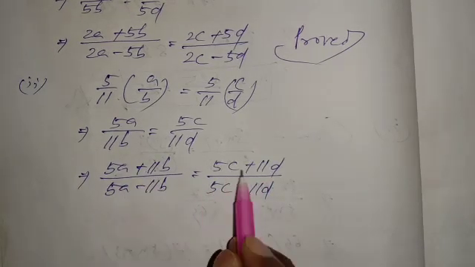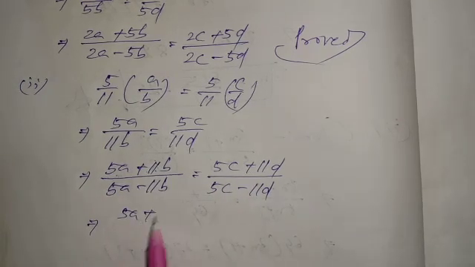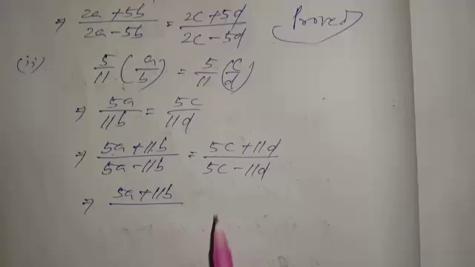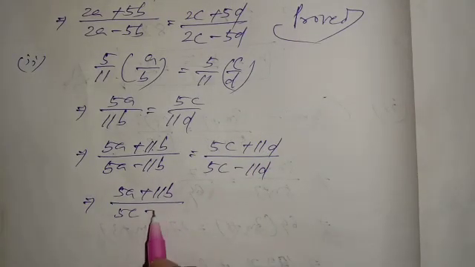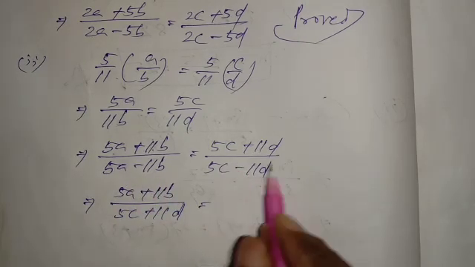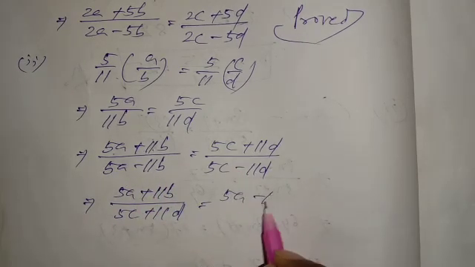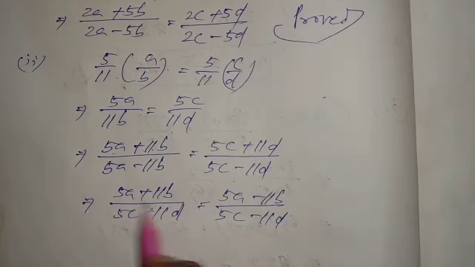That means by alternando, this corner can be changed. This 5a plus 11b by alternando, this 5c plus 11d will come down here, and this 5a minus 11b will go there: (5a minus 11b) divided by (5c minus 11d). This one is proved.